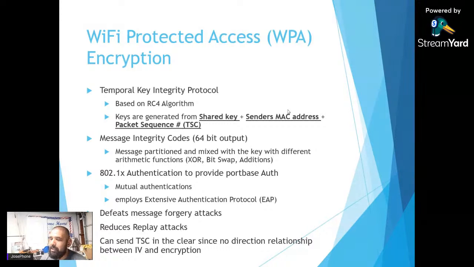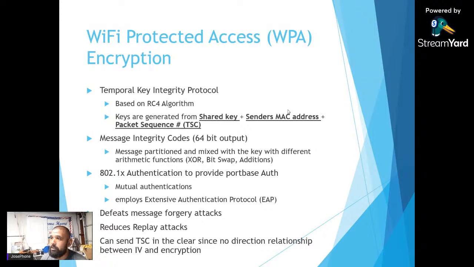And then instead of sending the IVs in the clear to be able to decrypt the encryption, the TSC is actually better encrypted with these mixed messages and authentication protocols and two-phase mixing of the bits, that you can send it in the clear without having to worry about being able to get the key from that, since it's not dependent on each other between the TSC and the encryption. So WPA definitely had an improvement on WEP, but there were some issues and some recent vulnerabilities that have been developed.